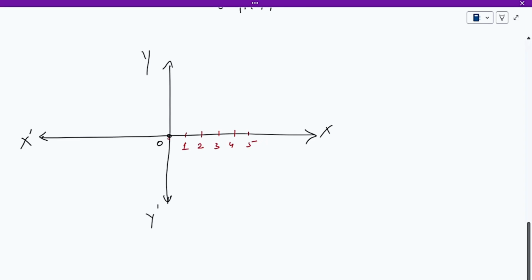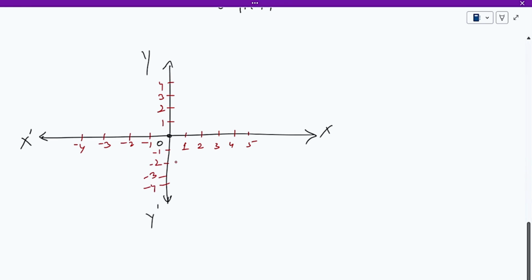If we are moving to the left of this reference origin, it will give us negative numbers, -1, -2, -3, -4. Moving above the origin gives positive 1, 2, 3, 4, and below the origin the values are negative, -1, -2, -3, -4, and so on. Right.